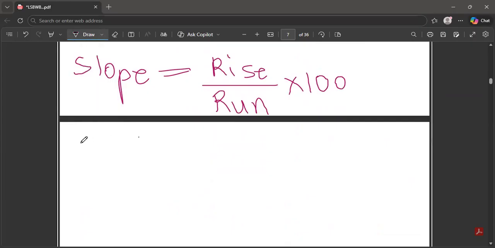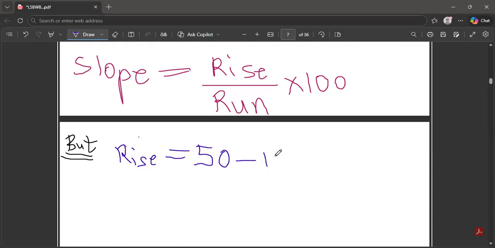So with this concept, our rise is equal to 50 minus 10, which is going to give us 40 meters.